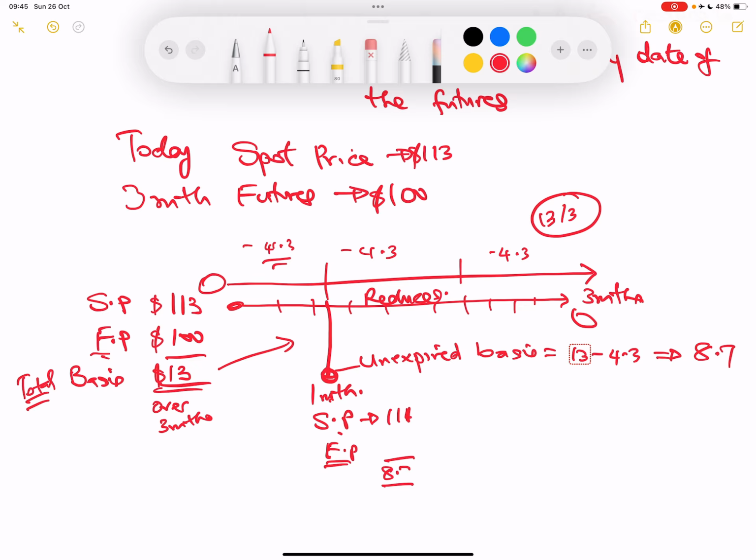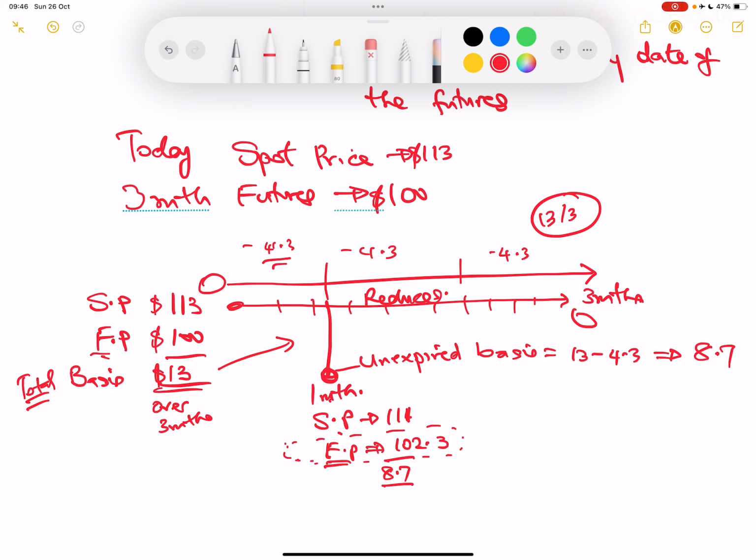So which means if this has to be 8.7, what will be my future price? And that's why we said if spot price is trading at 111, because I will always know what spot price is today, I expect my future to be trading at 102.3. So if future is not trading at 102.3 on that day, then I need to be asking myself, is there a problem of overvaluation or undervaluation by the market?